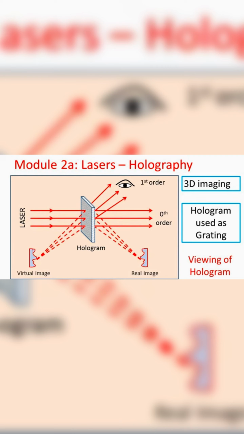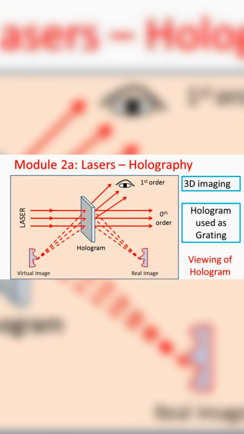This interference pattern on the hologram consists of a complex pattern of alternately dark and bright regions. This hologram is also called the Gabor zone plate in honor of Dennis Gabor, who invented this technique. So this is how a hologram is constructed.